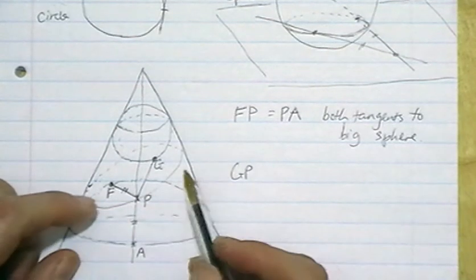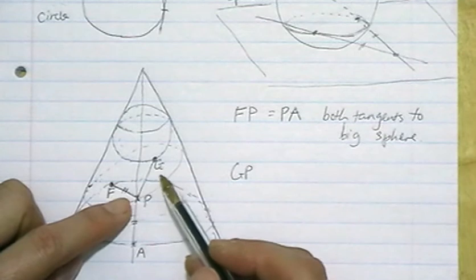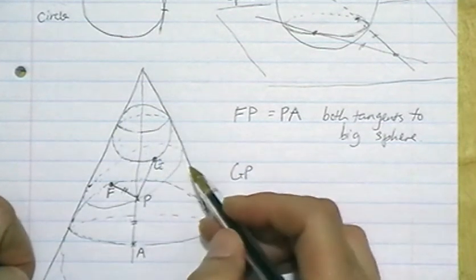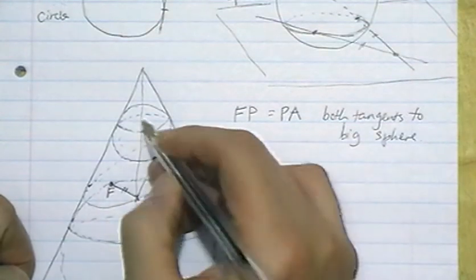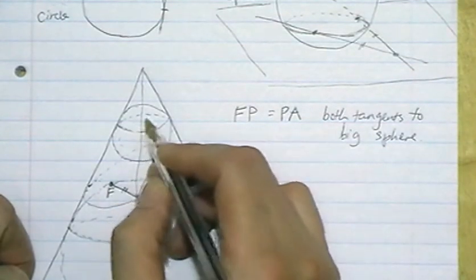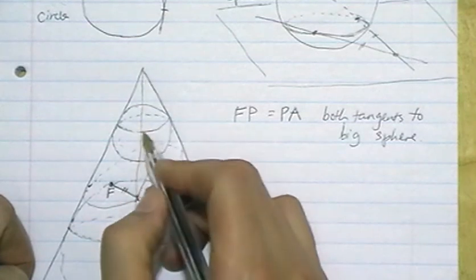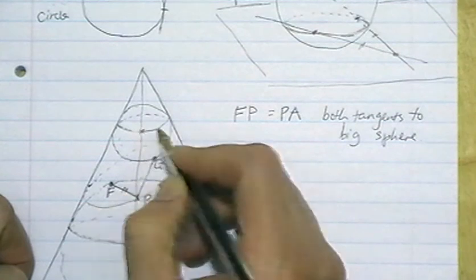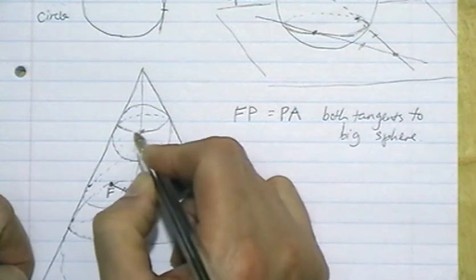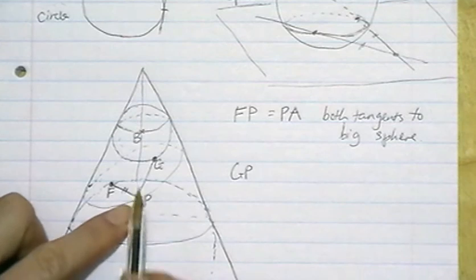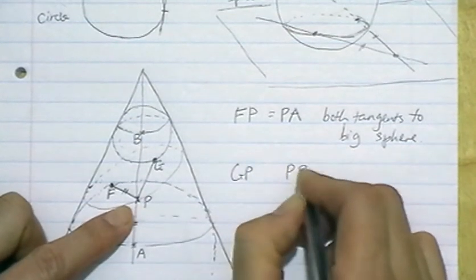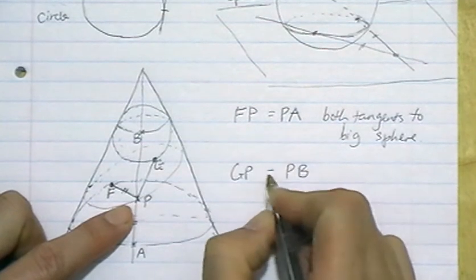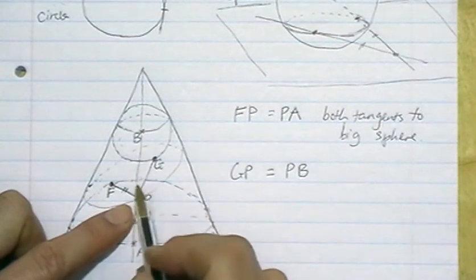And the corresponding line for this sphere would be, let me call that from P to the point where this line touches the sphere. That would be this point. Let me call that B. PB. So now I hope to show that GP is equal to PB.